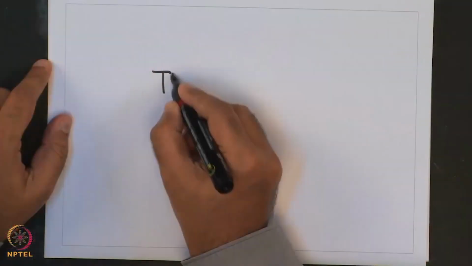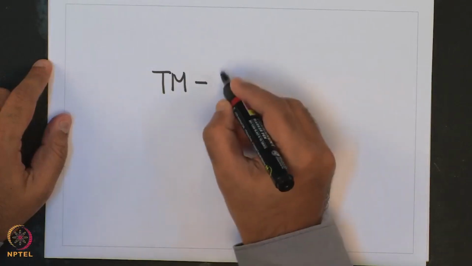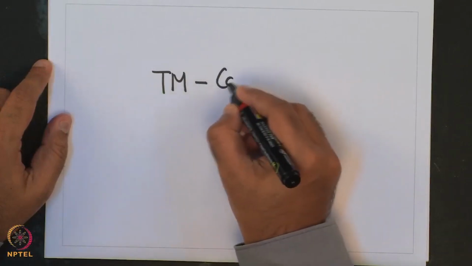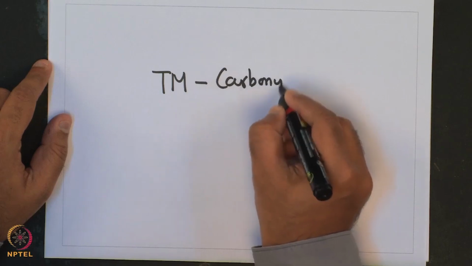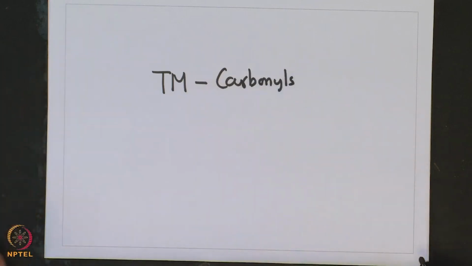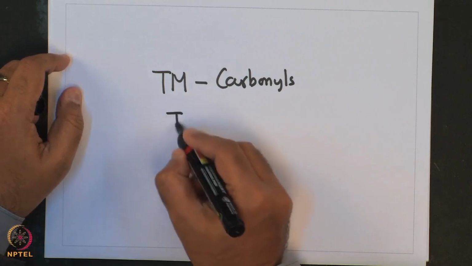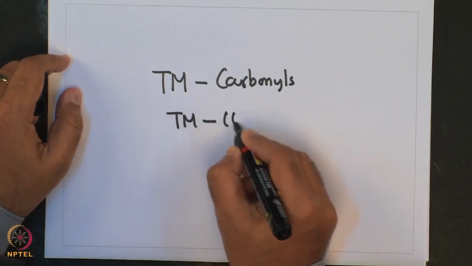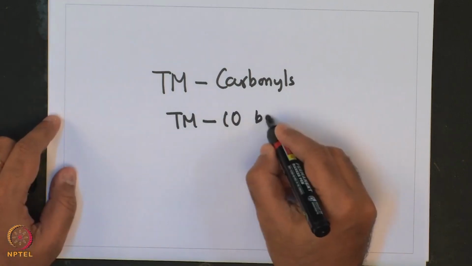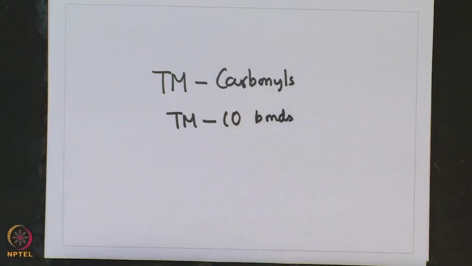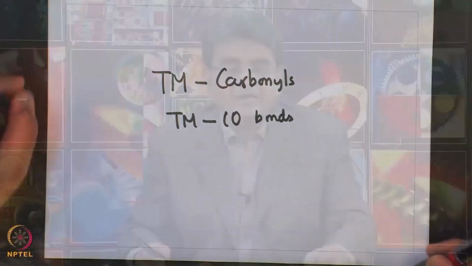synthetic details. So, we are going to move on to these interesting compounds, which are called transition metal carbonyls, and these compounds contain transition metal CO bonds, and these can be monitored both by NMR as well as IR spectroscopies.